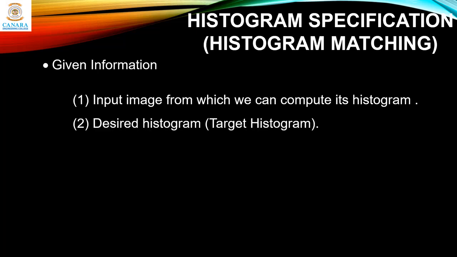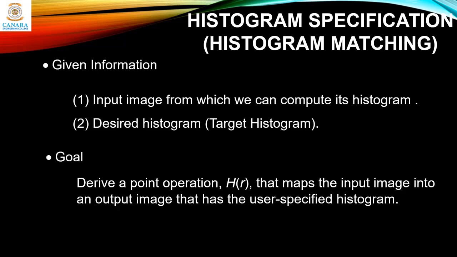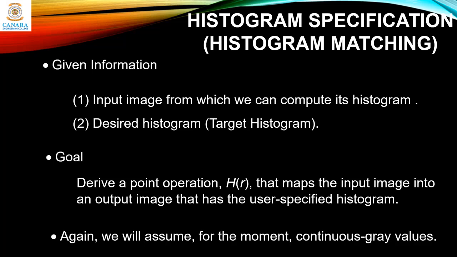Second, we are also provided with a desired histogram. The goal of this transformation is to derive a point operation h of r that maps the input image into an output image that has the same user specified histogram.